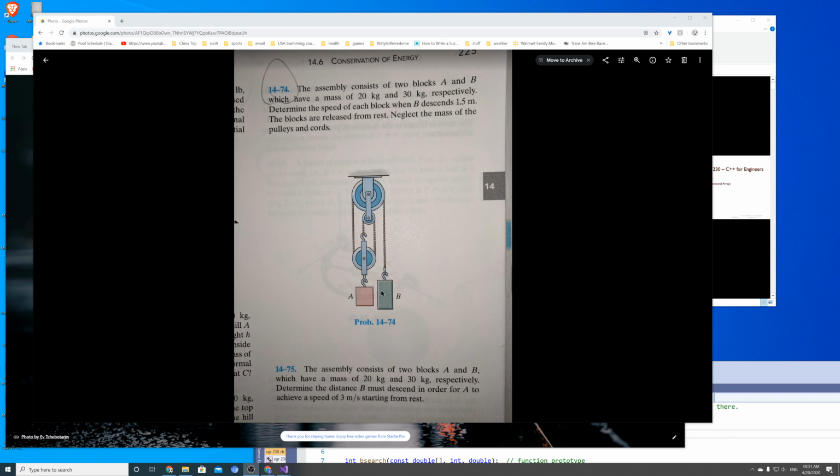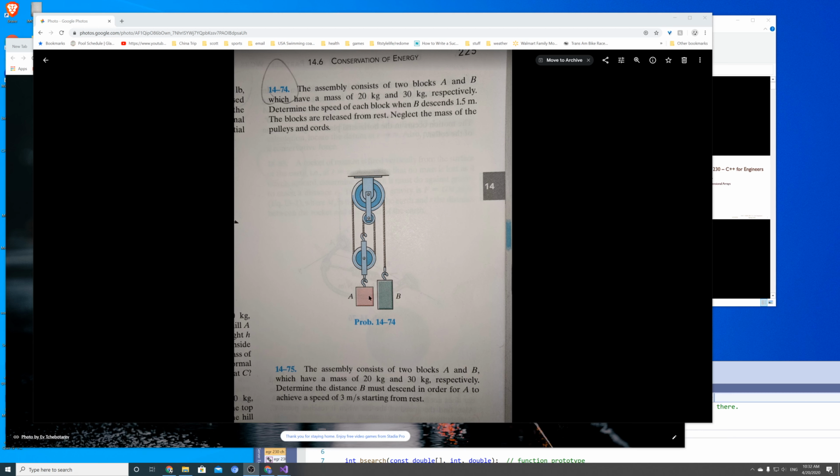So when this is released, B is going to go down a bit, down to 1.5. At that point, if we consider that to be negative potential energy, A will be gaining potential energy. So if we start from zero, the initial situation is zero potential energy and zero kinetic energy.